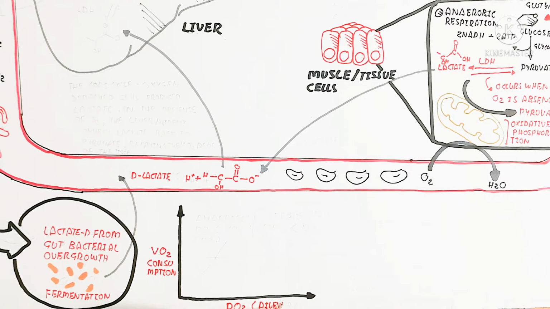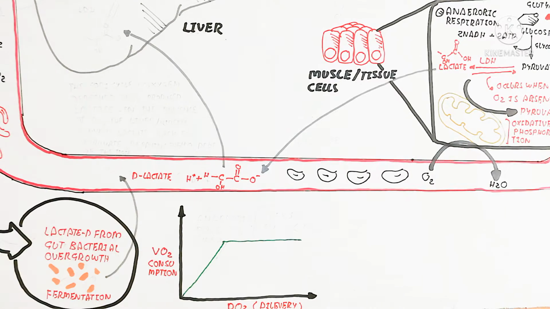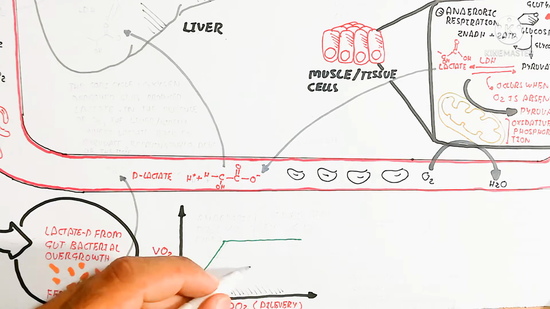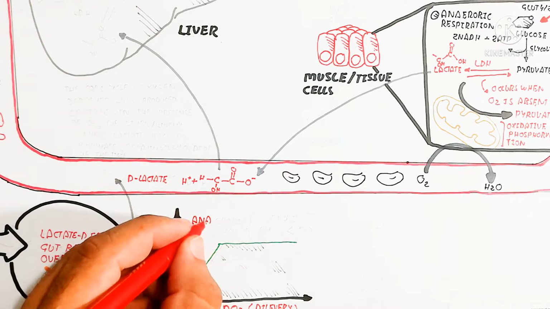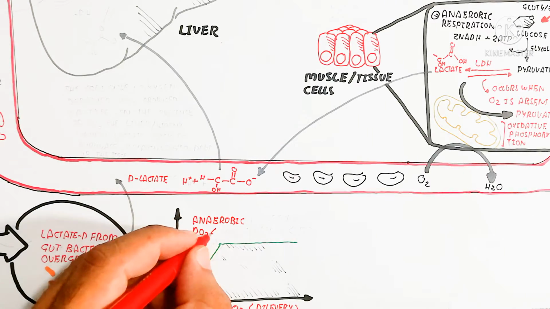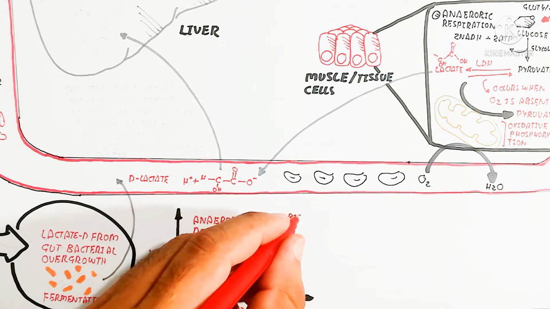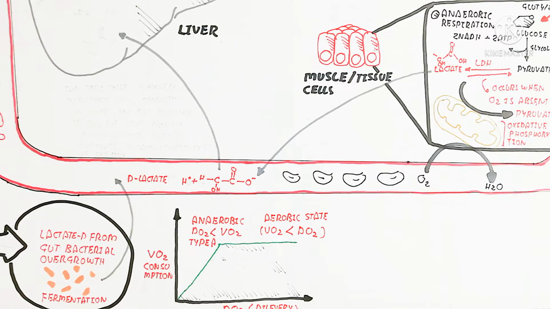So let's begin to understand oxygen consumption, and we can understand it with a graph of lactate production. Here is the delivery of oxygen, while here the consumption of oxygen is VO2. The anaerobic state is when the delivery of oxygen is less than the consumption of oxygen.